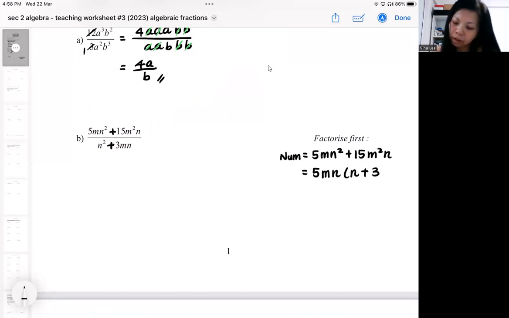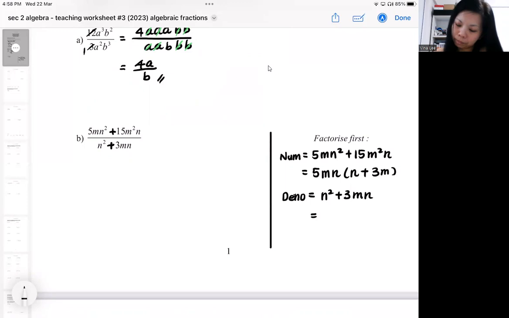You have to factorize very carefully first. Then I will factorize the denominator. You can do it at the side, no problem. You can have a side column of factorization.